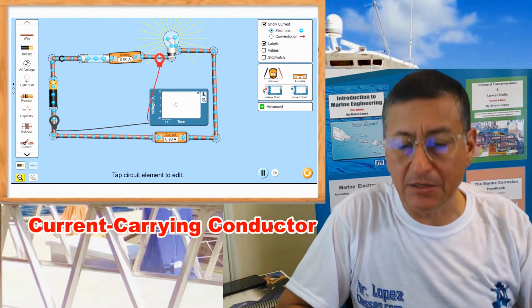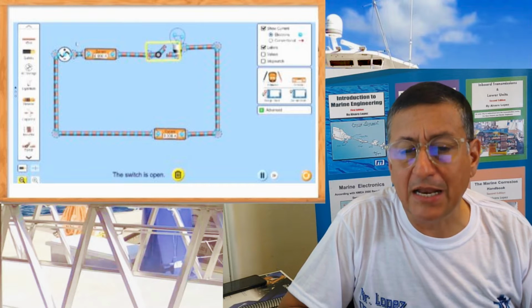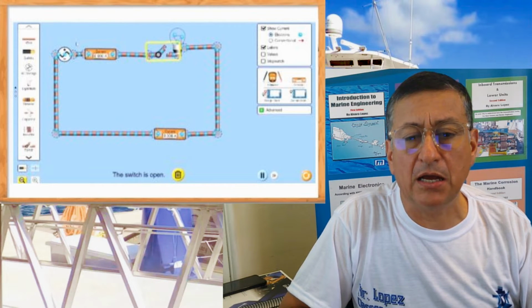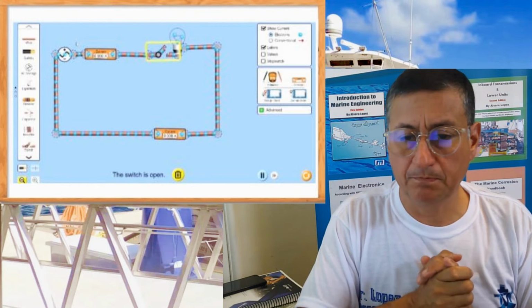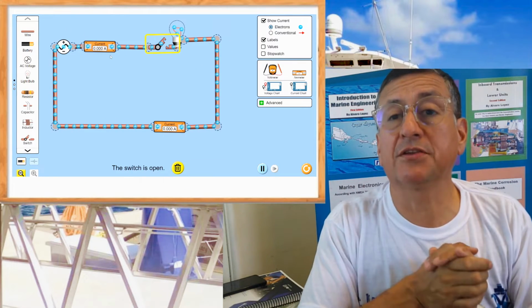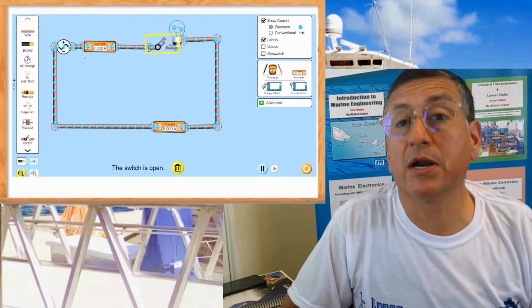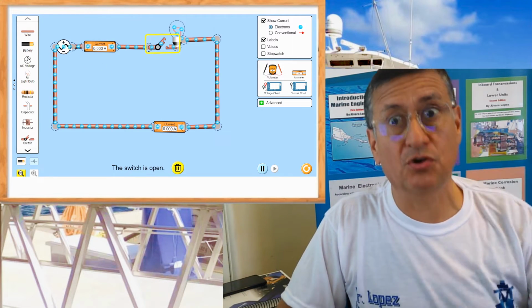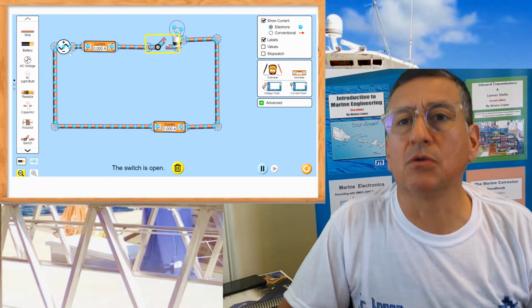We are going to analyze another circuit, an AC circuit, and let me open the switch. In this particular circuit I have the source of power, AC power: hot, neutral, and ground. The source of power is that circle.